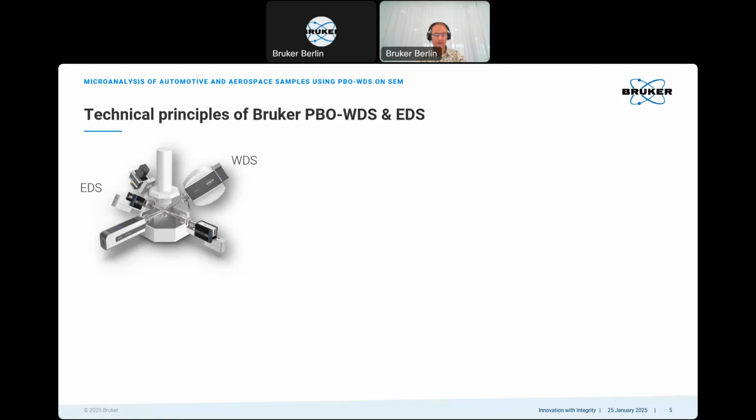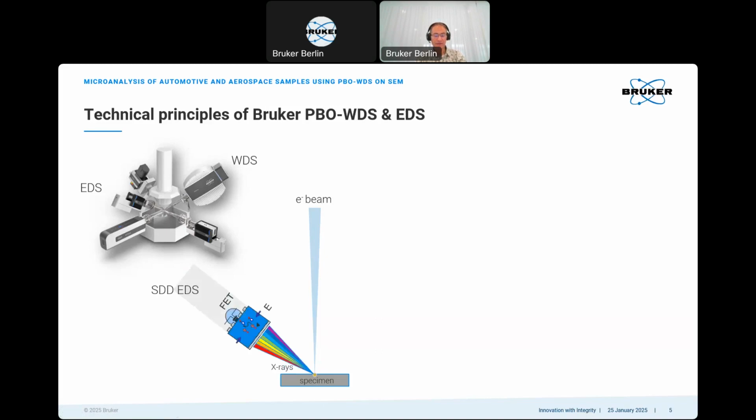Bruker offers several analyzers for SEM which work together very well. The QUANTAX WDS is best operated in combination with the QUANTAX EDS. I will present a sketch here to illustrate the technical characteristics of the 2 detectors. Here's a sample. An electron beam from the SEM hits the sample and generates X-rays.